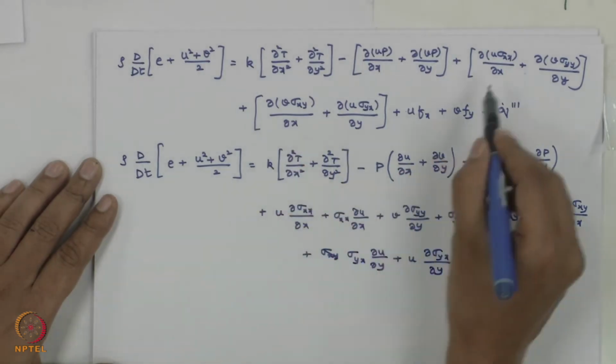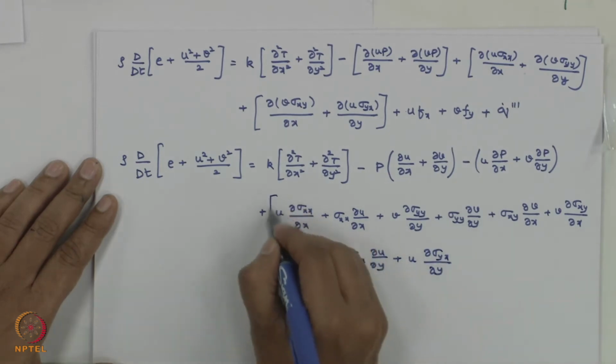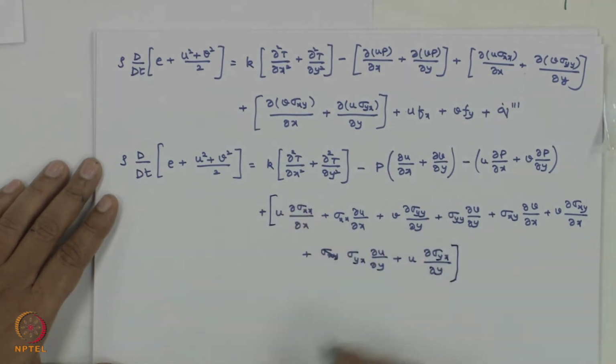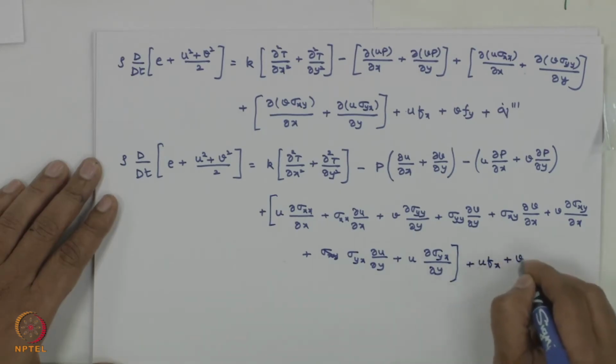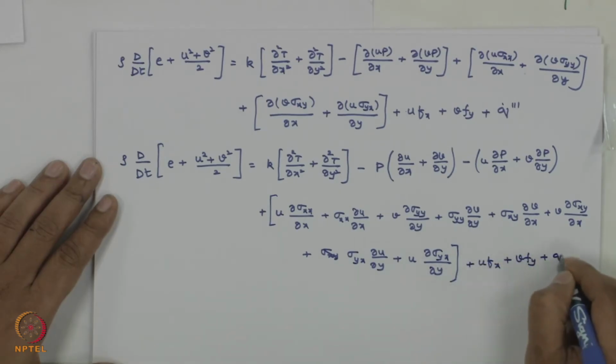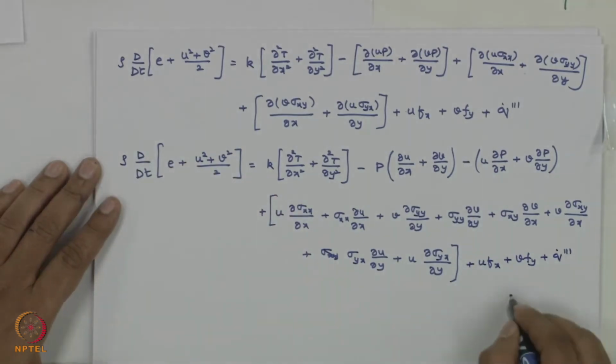I just expanded these terms and put all of this in one bracket, plus u fx plus v fy plus q dot triple prime. Whole of this equation, I am going to call equation A.